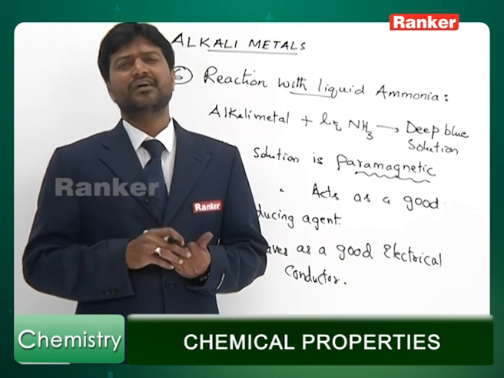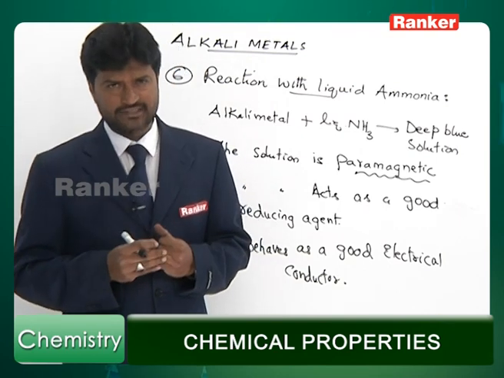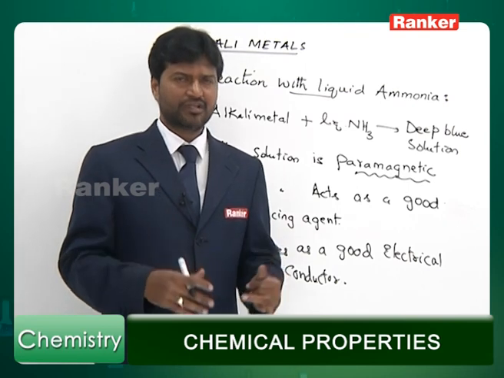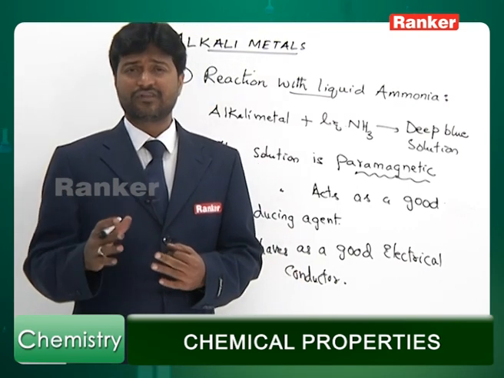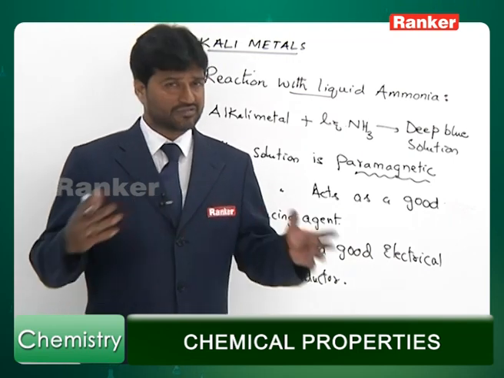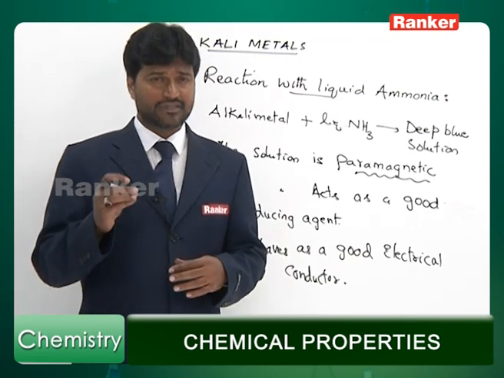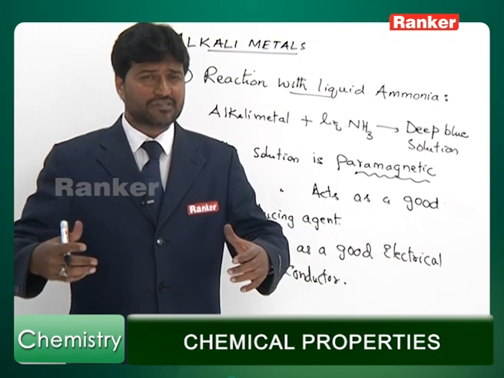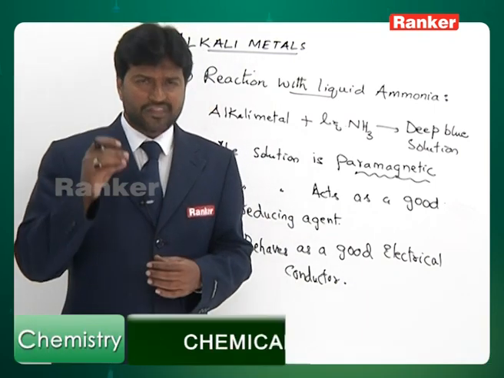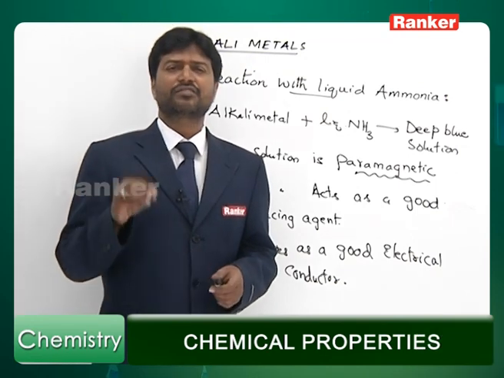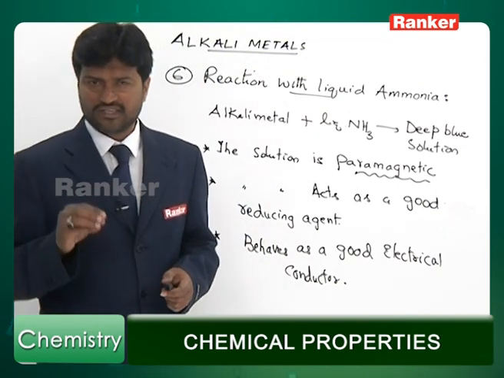The next thing is the solution will be paramagnetic. About magnetic nature, you should know that the solution is paramagnetic. Another important feature is this solution can be used as a good reducing agent. Please remember that a reducing agent is a species which can supply electrons. And then another important feature is this solution will act as a good electrical conductor.